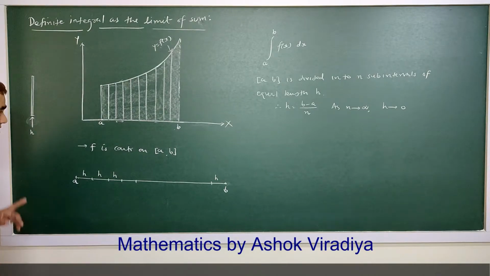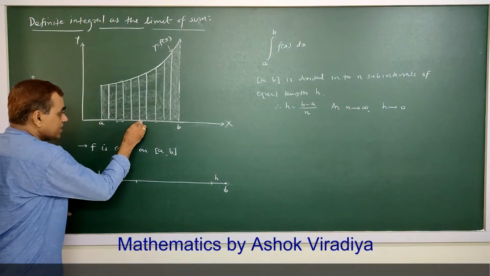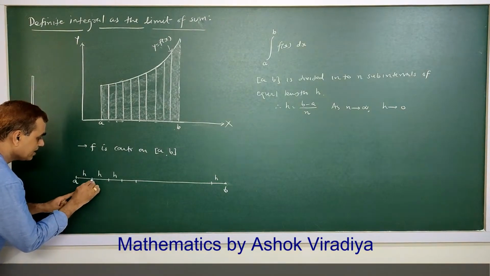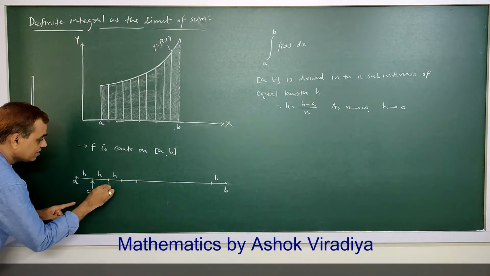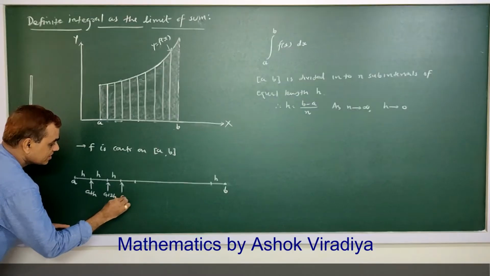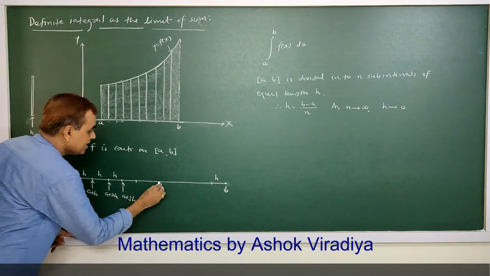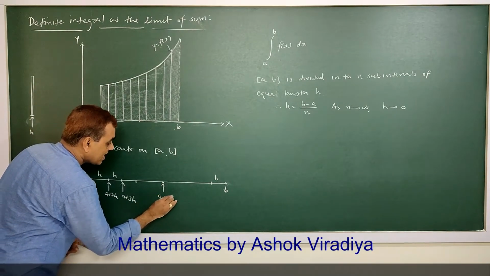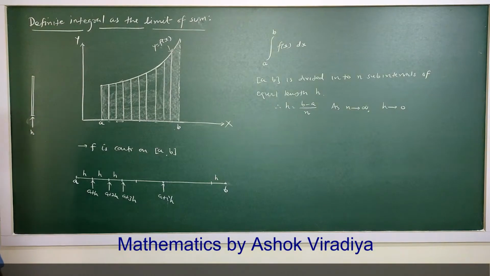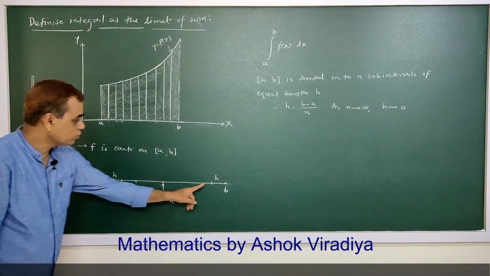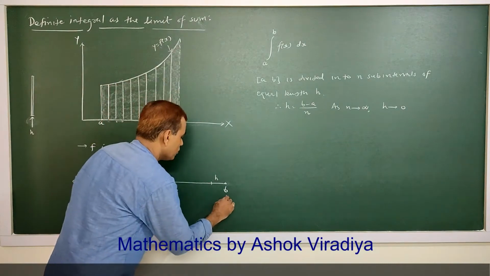and here this number is a plus h, this number is a plus 2h, this number is a plus 3h. In general, suppose this number is a plus ih, where i is 1, 2, 3 up to i.